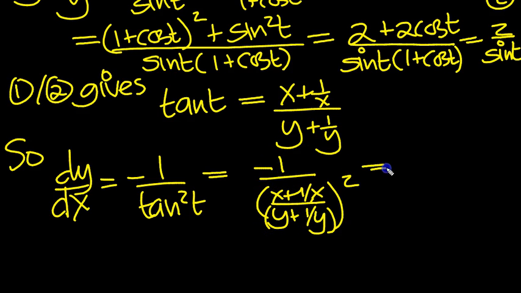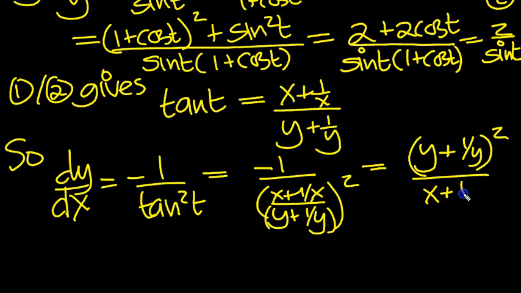Okay, so then we can expand this bracket. We'll have (y plus 1 over y) squared over (x plus 1 over x) squared with a minus.